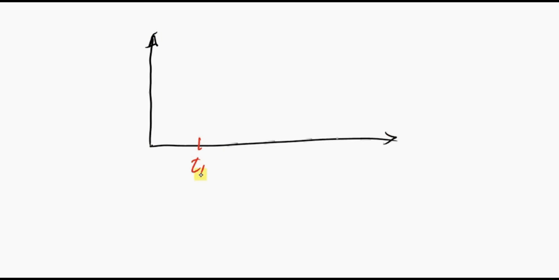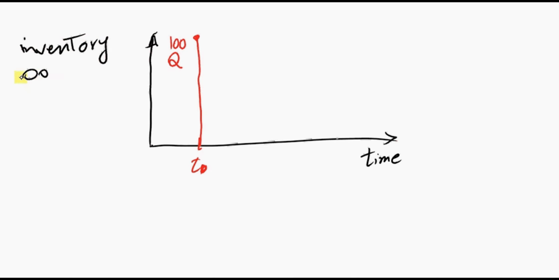Okay, again, we consider our inventory and time, and again, let's assume that at time t0, we get a quantity, let's say again 100, let's call it Q, and like before, this is time and this is inventory position.